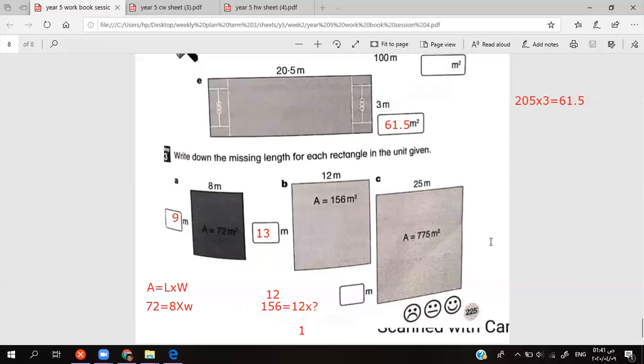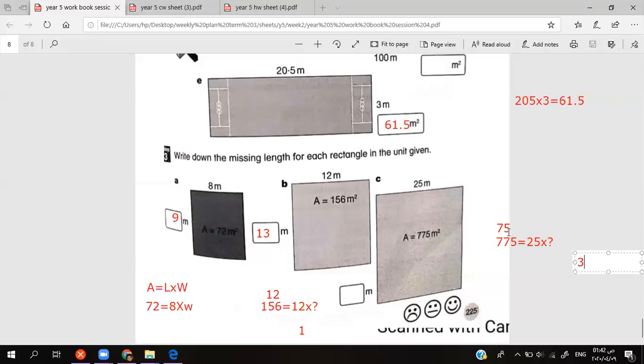Okay, here the area 775 equals 25 multiplied by the side that I don't know. So 25 times what gives me 775? Let me see, 25 77 nothing. Try 76 nothing. Try 75 yes. There is 75, which is the 3. So the first number is 3.